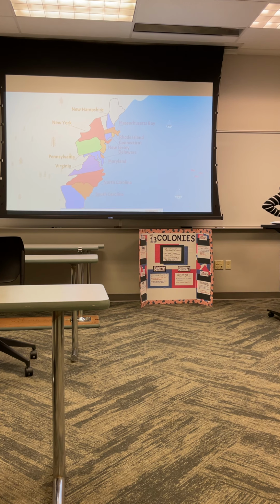The 13th colony, Georgia, was founded in 1732. American colonies were divided into 3 regions: the New England colonies, the Middle colonies, and the Southern colonies. Each region had a different way of life.